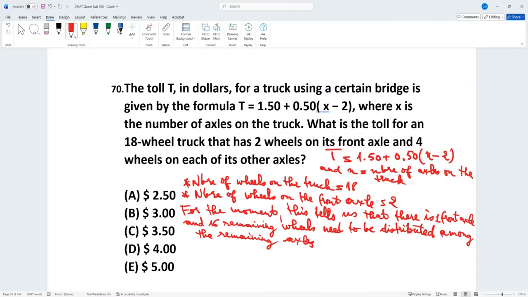Okay, now we can also determine the number of remaining axles. We are going to have four wheels on each of the other axles.